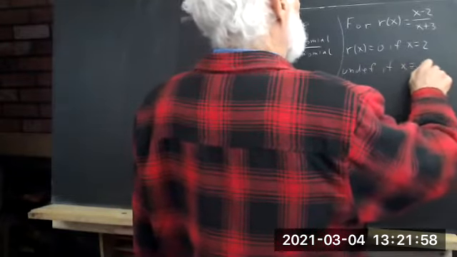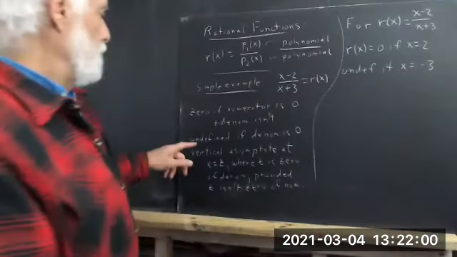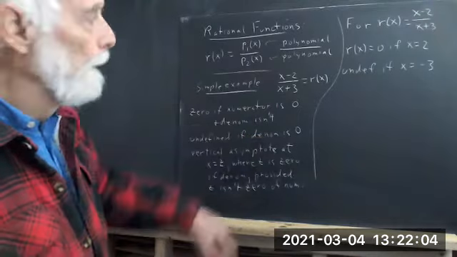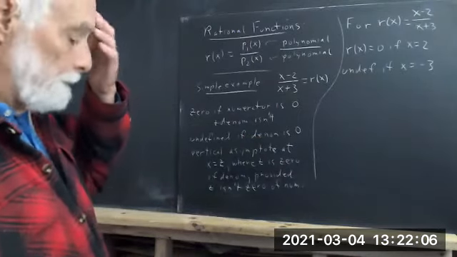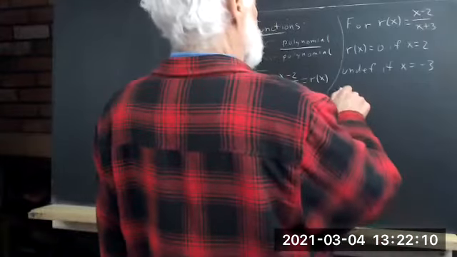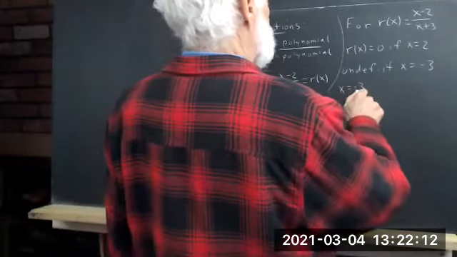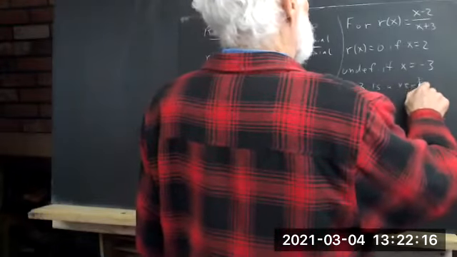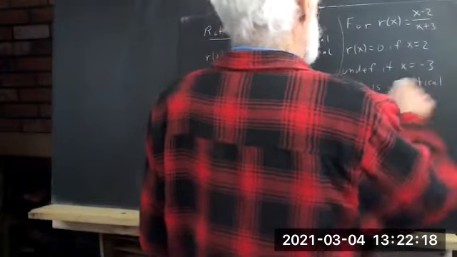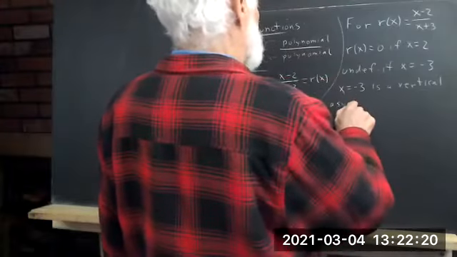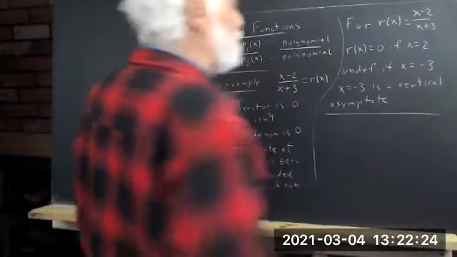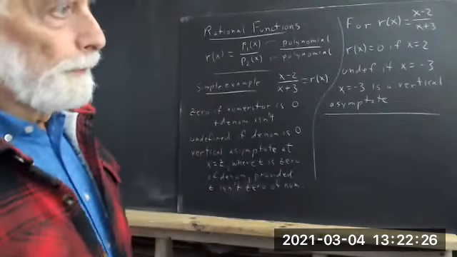It's undefined if x is -3, because -3 is a 0 of the denominator. And then x equals -3 is a vertical asymptote.